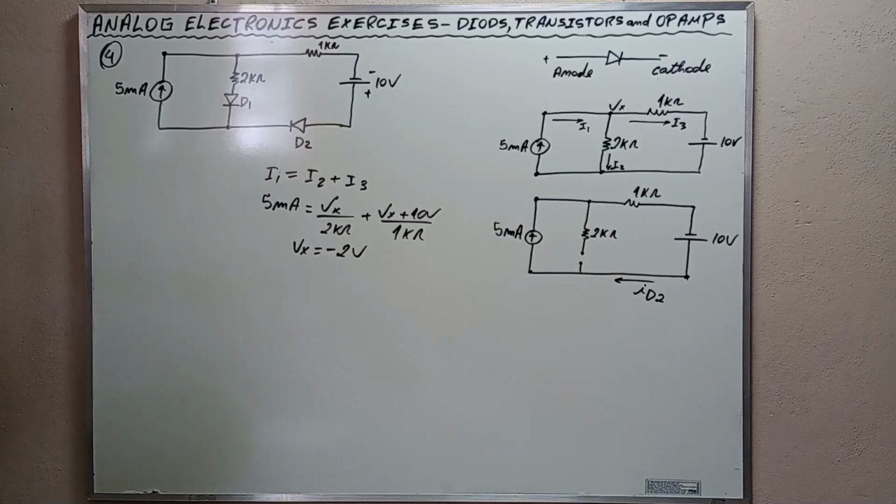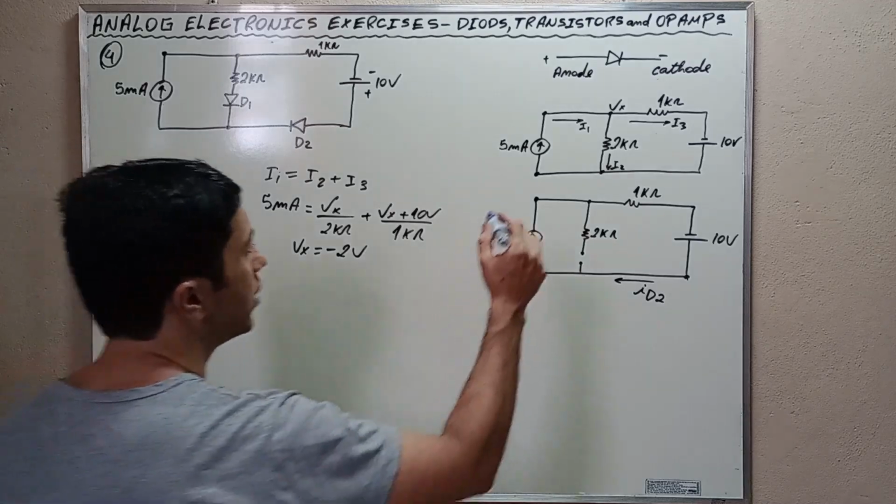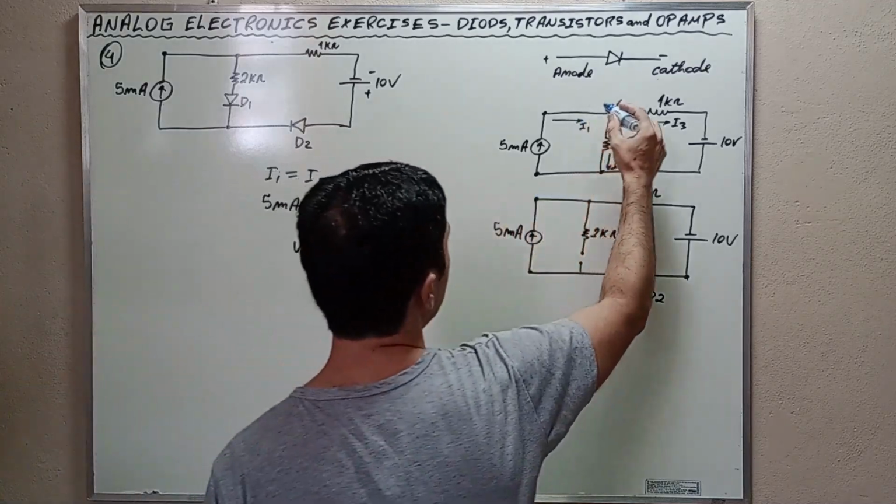The value of Vx is negative 2 volts. As Vx is equal to negative 2 volts, the cathode of the one is higher in potential than its anode, okay? We assumed Vx to be this way.